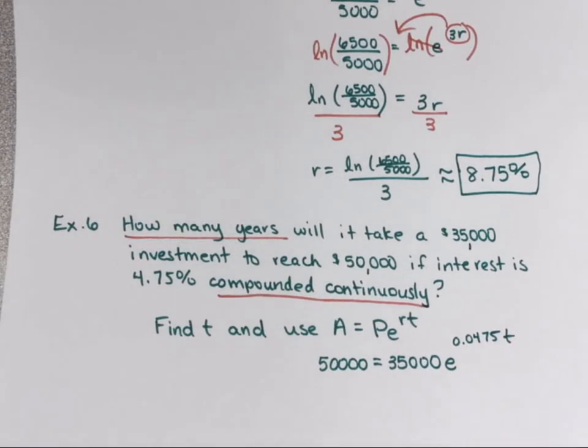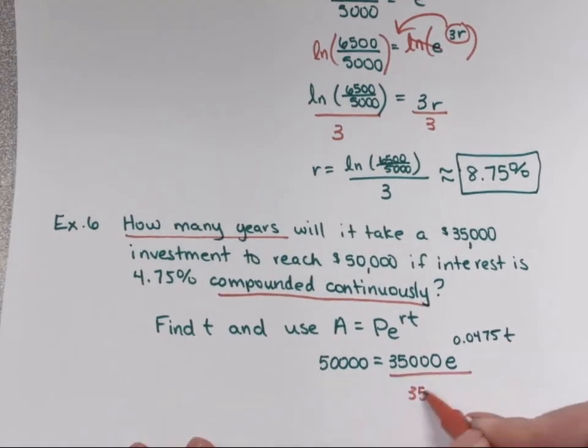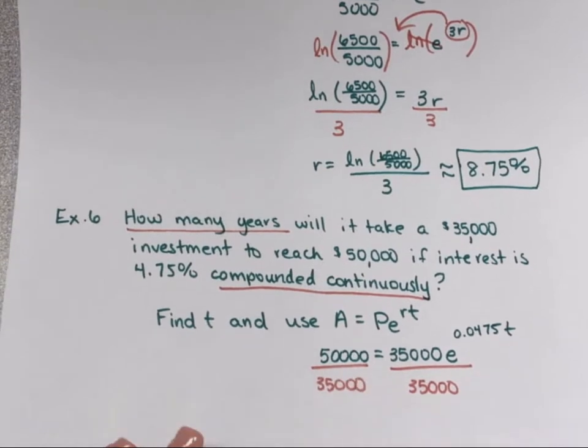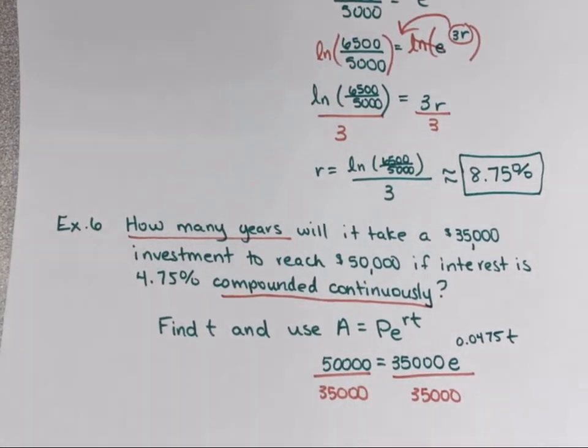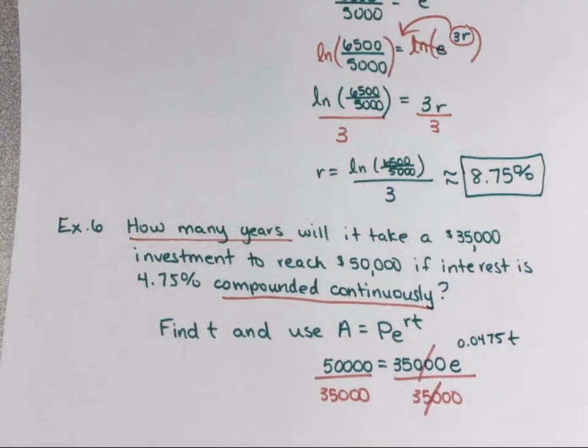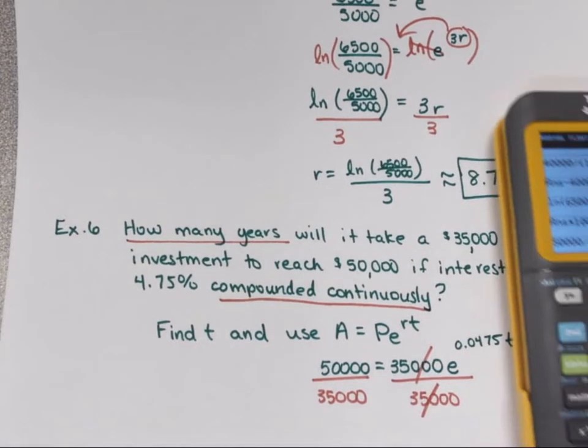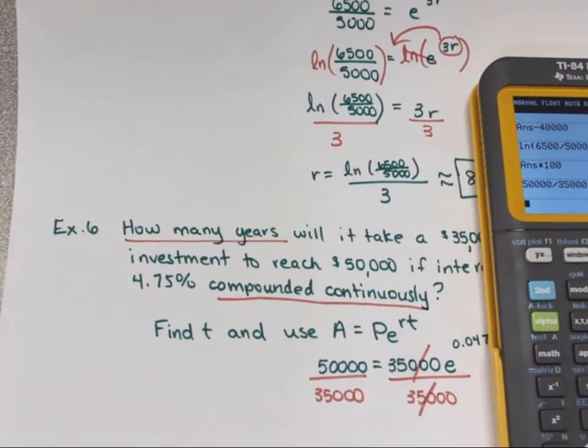Okay, so the first thing is to isolate the exponential term. So what do I need to do very first then? Divide by 35,000. Okay, so just to let you know, you can simplify the left side if you want to, and let me remind you how you can do that. If you don't like having ugly numbers in your problem, you can simplify, but notice this comes out to be a decimal, so I would not want you to use that decimal.